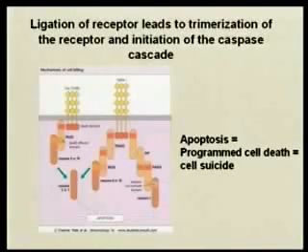Typically, FAS ligand is expressed by activated lymphocytes, like cytotoxic T cells. So it's expressed on the surface. When this cell comes into contact, it recognizes MHC class I in association with the right peptide. That will typically activate this T cell, upregulate FAS ligand, and that will then lead to the killing.